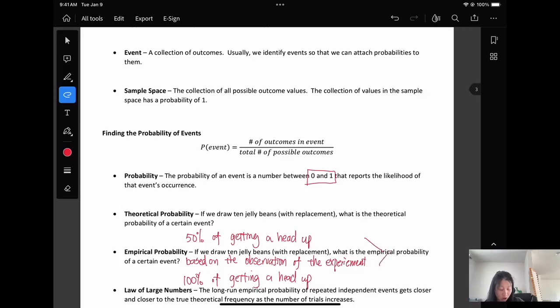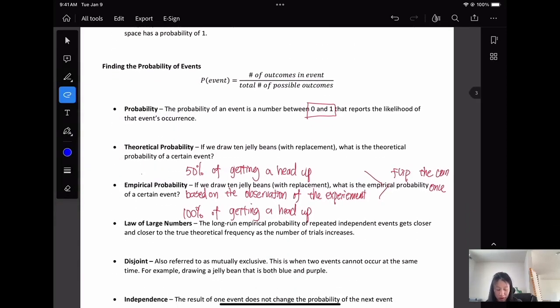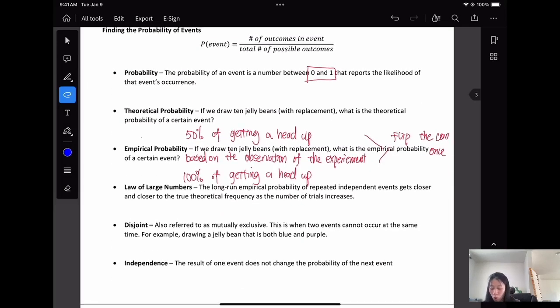You only flipped the coin once. So in other words, I can conclude that for theoretical probability, we're trying to find out what should happen, and the empirical probability is what did happen.